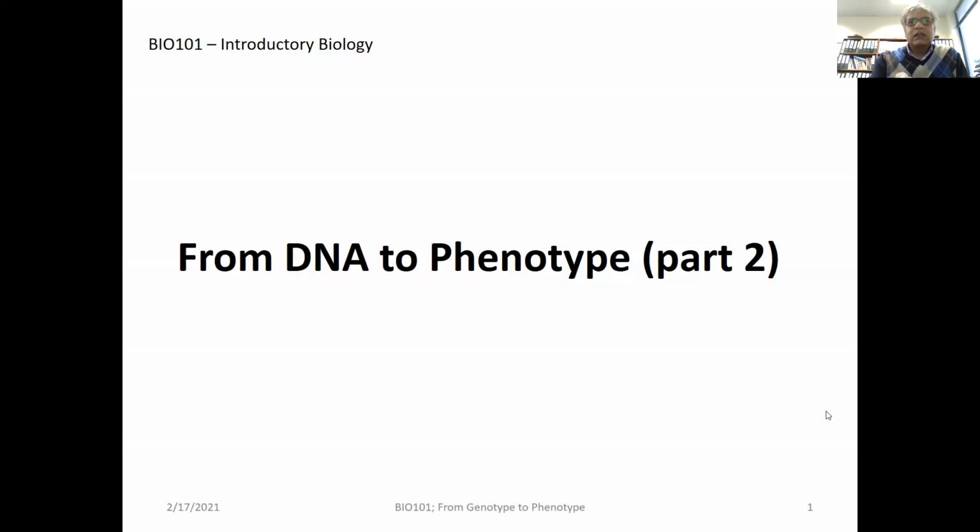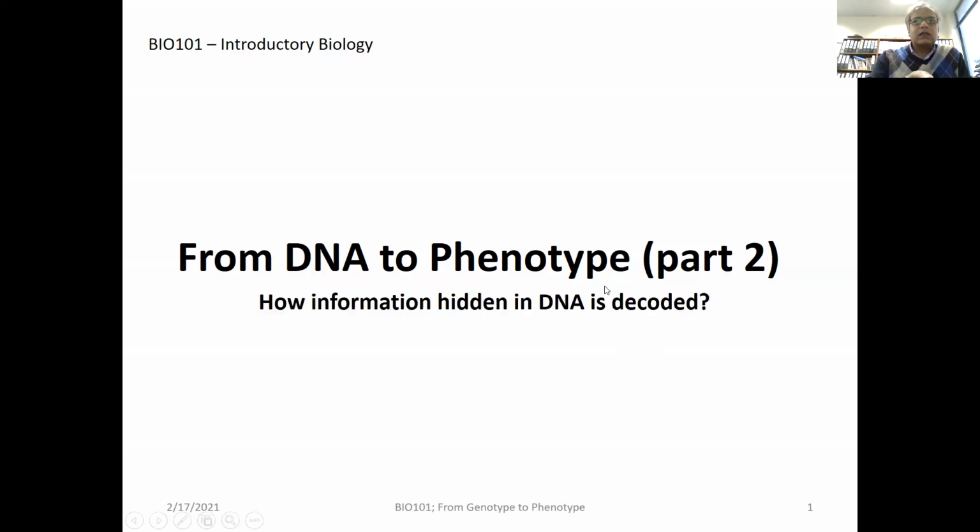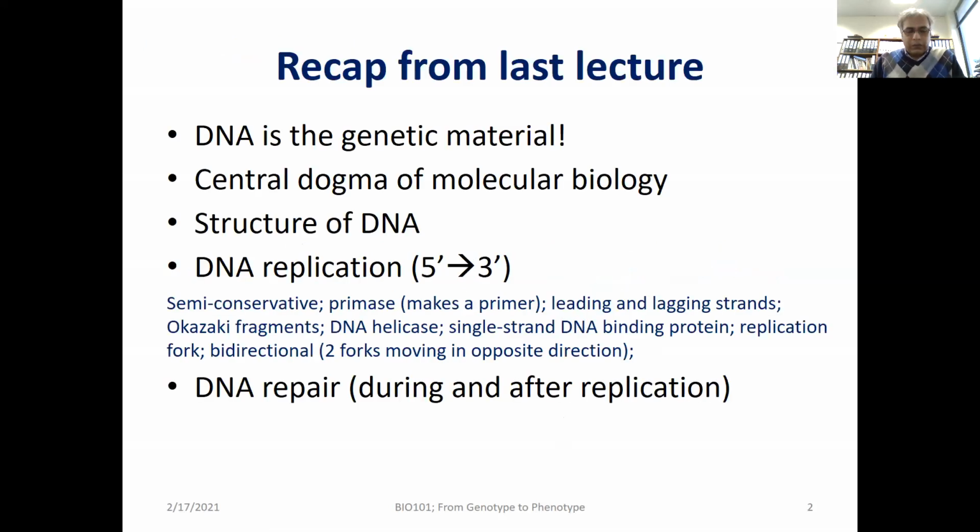Before we go into details of today's lecture, let's recap what we learned in the last lecture. We learned that DNA is indeed the genetic material, responsible for heredity.